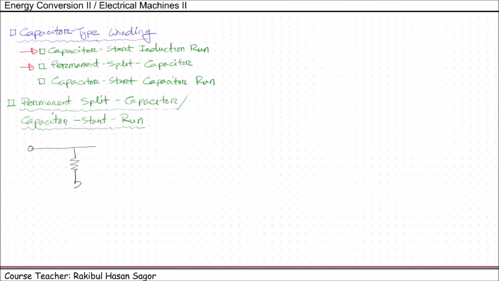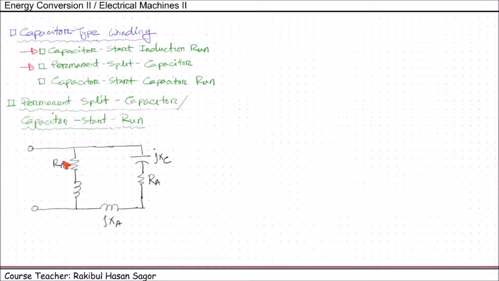this is the main winding. This is the auxiliary winding, where we have the capacitor connected, then the auxiliary winding resistance and the auxiliary inductance. This is RA, this is jXC, this is jXA, the main winding resistance and main winding reactance.